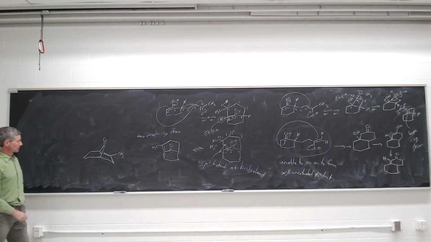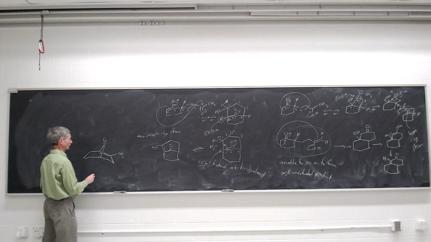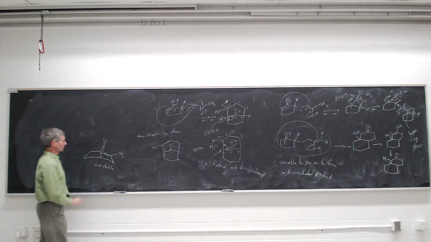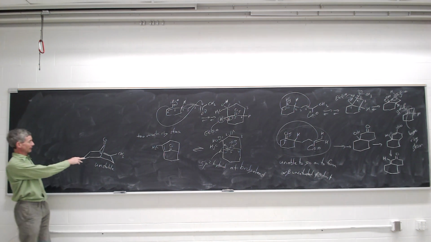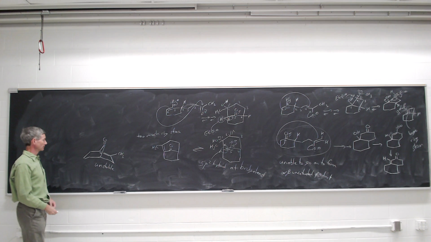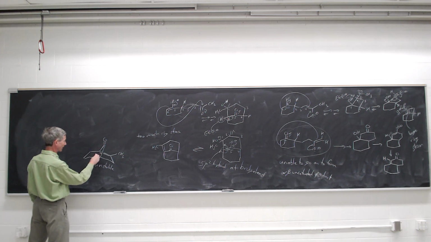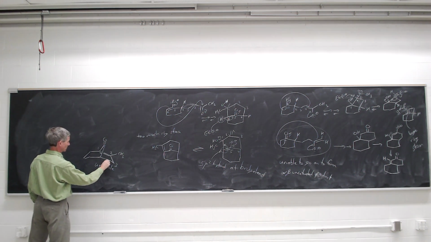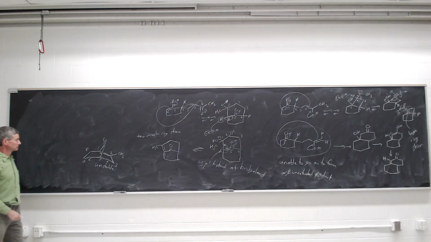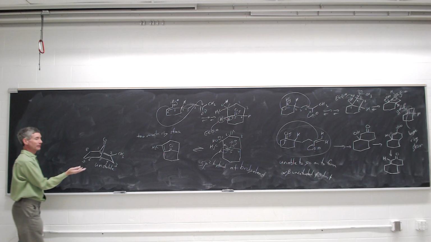That's not stable. Because if you think of this as kind of a twisted boat, this overall ring now is an 8-member ring, and we've got positions 1 and 5 kind of bridging.